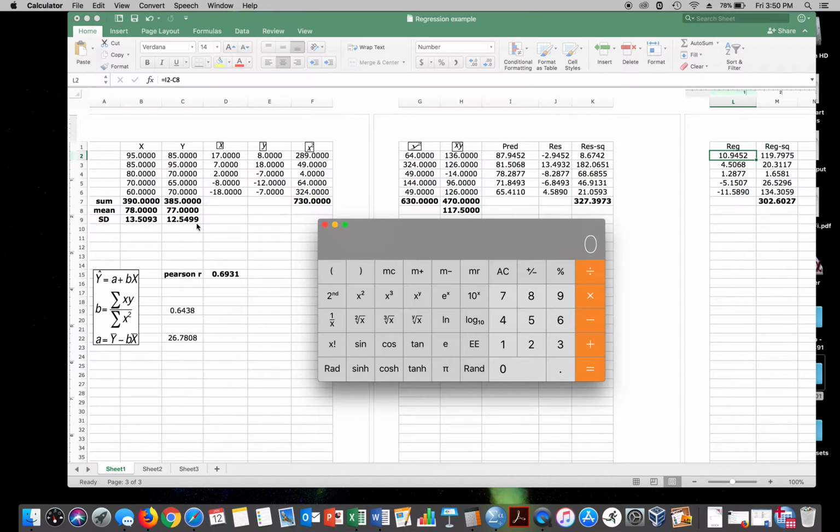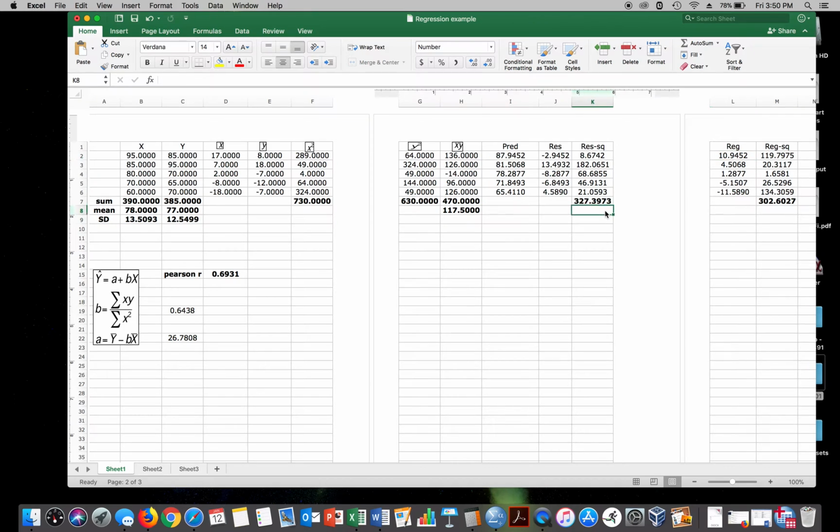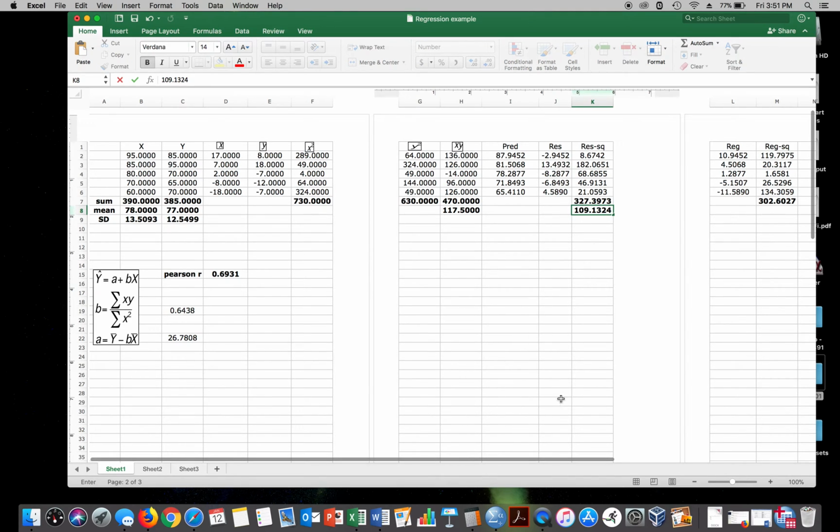So 327.3973 is divided by 5 minus the number of predictors minus 1, which is 3. And it gives us a value of 109.1324. We're going to write that down, 109.1324, because this value divided by this value is going to give us our F value.